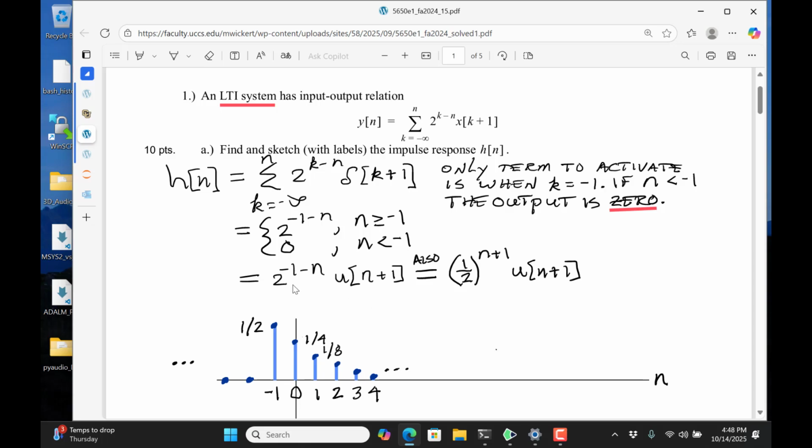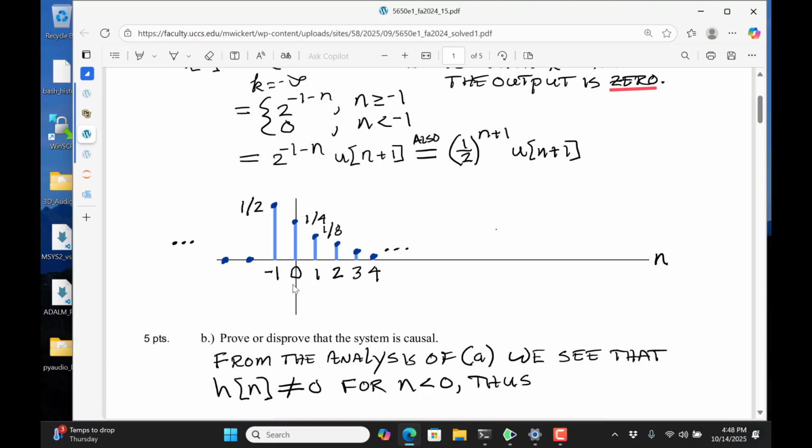So I put this 2 down below, so that I should have 2 to the -1 minus n should become 1/2 to the 1 plus n, right? So I guess the question is, when you're plotting it, n equals -1. Should that be 1/2 or should that be 0? And if it is 1/2, why?